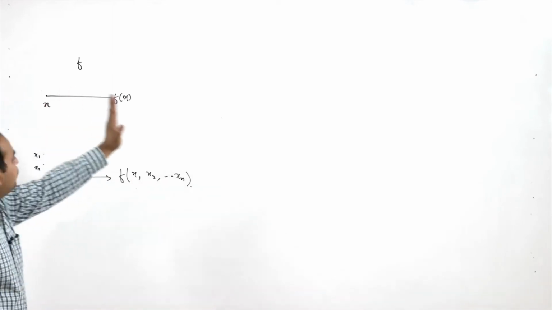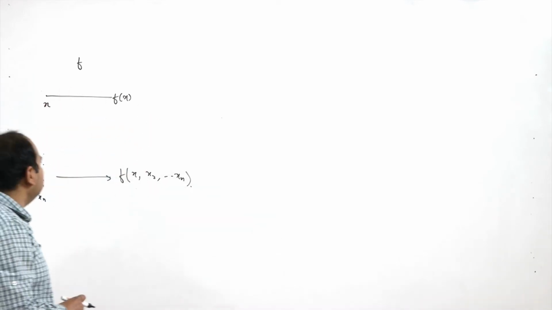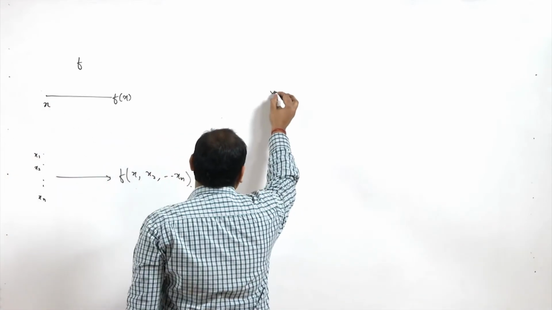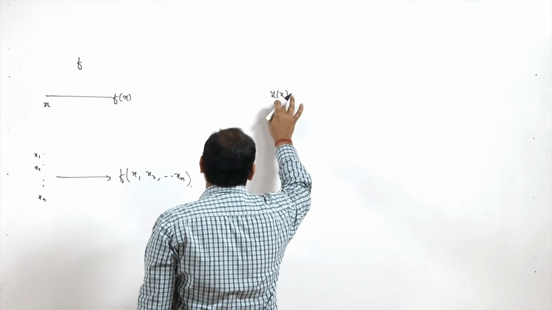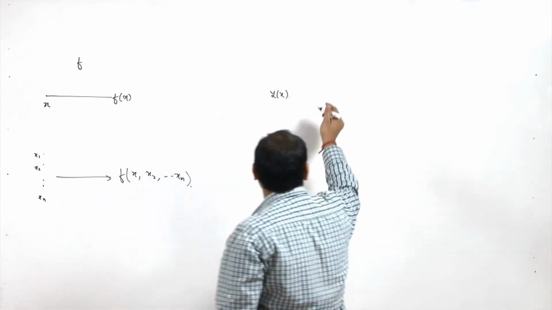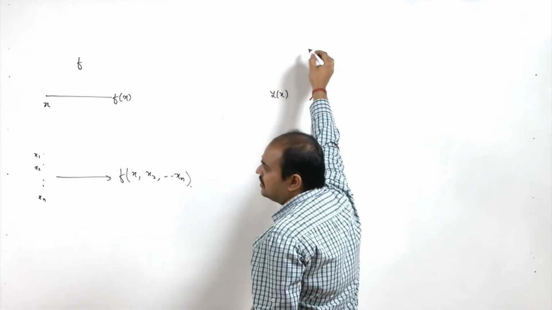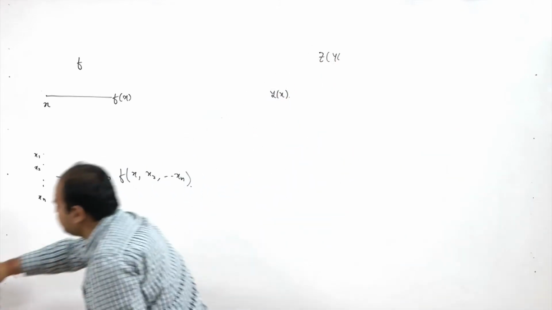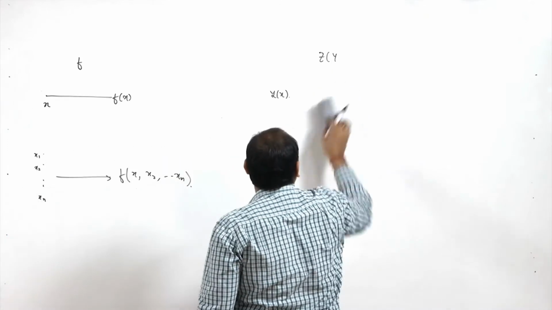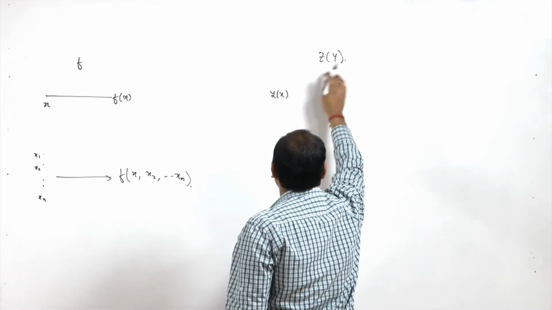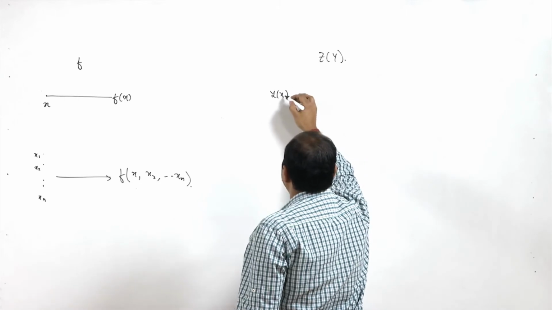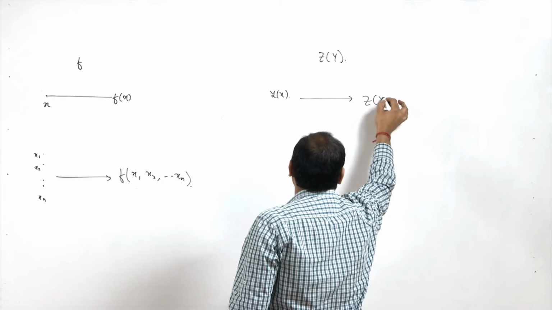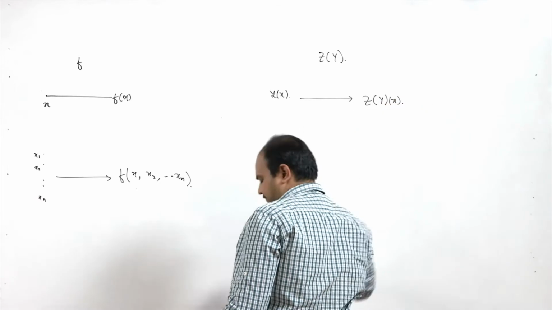In analogous fashion, in place of x, which is an independent variable, we now take a function, say y of x, and we say that your functional, let me denote it as z of y here, is a correspondence which relates the function y of x to the value z of y, as a function of x, right.